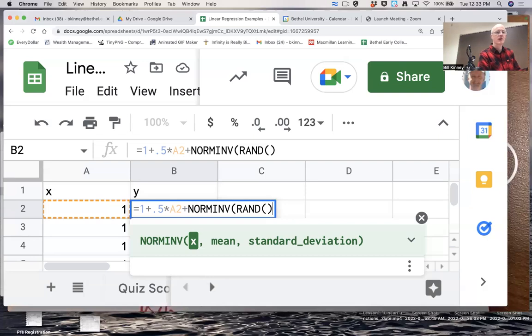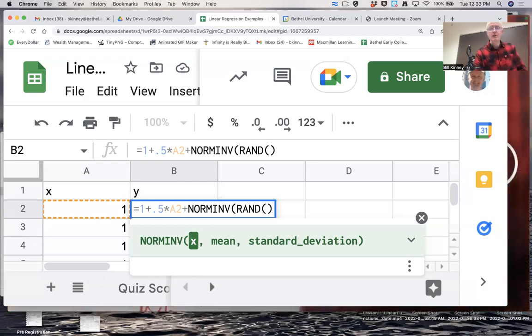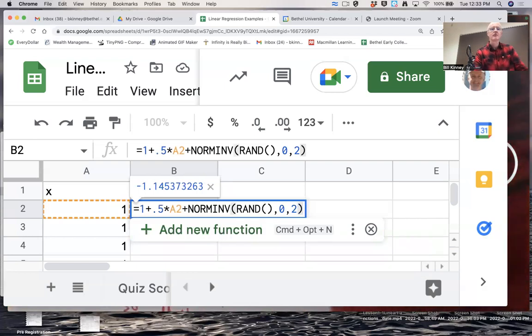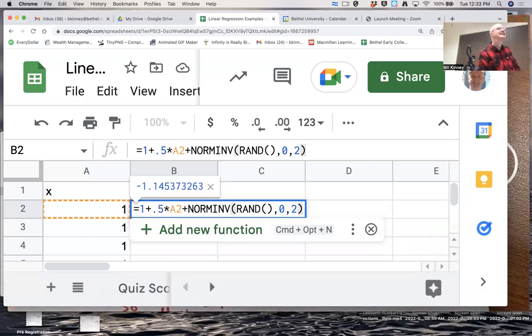If I put comma 0, comma 1, it's going to give me Z values, critical Z values, when the CDF output is 0.9 or 0.8 or whatever. But I want to use the mean of 0, excuse me, and a standard deviation of 2. Because I'm assuming the Eis are normal with a mean of 0 and a standard deviation of 2, variance of 4.